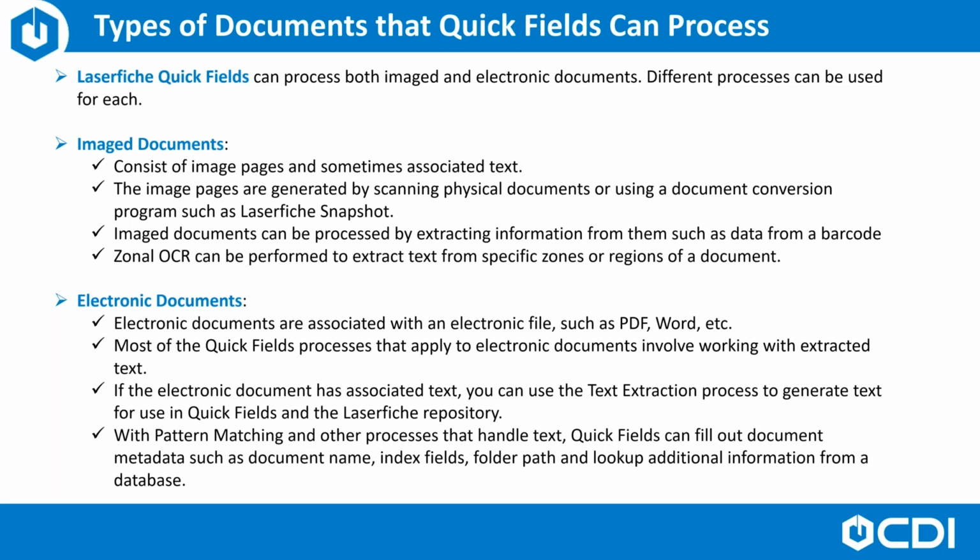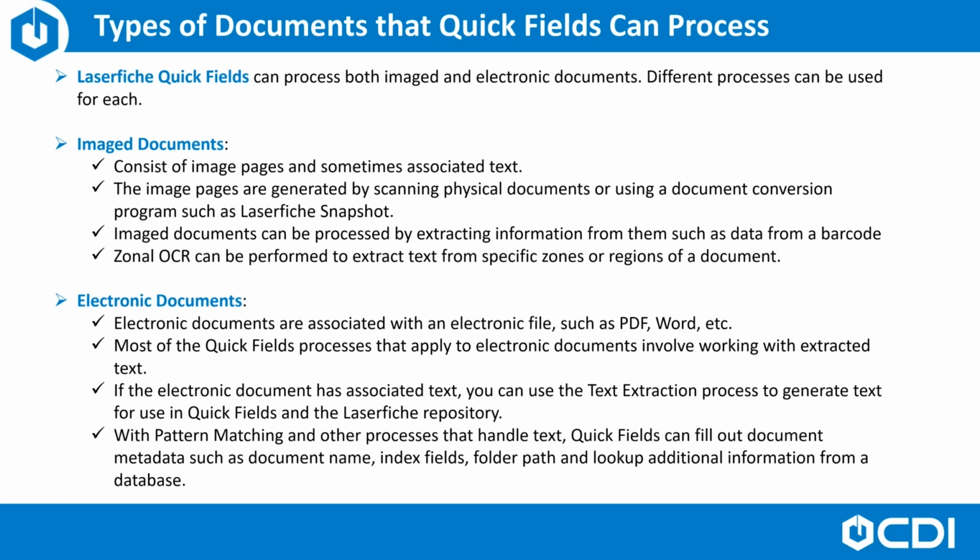Basically, what zonal OCR is, it's a component of QuickFields that allows us to select specific zones or regions in a document and read those zones and bring in the data from within those zones into the Laserfiche template, right? So we can perhaps read like an invoice number or really any content that we need, maybe a name, some kind of an account ID, the date. A lot of cool stuff can be read through zonal OCR, and basically, like I said, that extracts text from those specific zones or regions of a document.